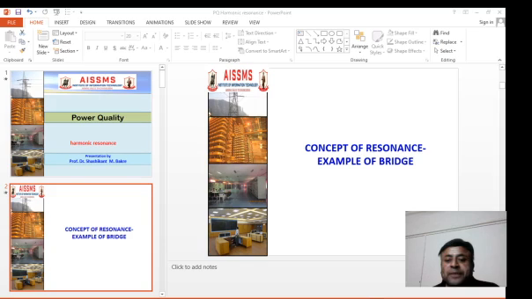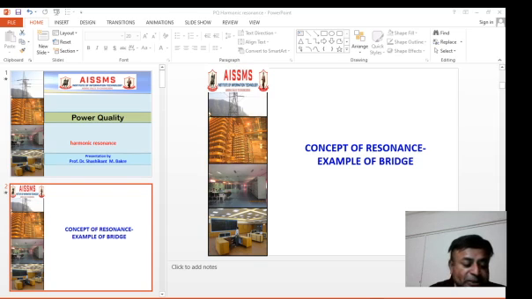Therefore, resonance can be defined as the matching of frequencies of two systems. When two systems' frequencies are identical, there is the phenomenon of resonance.